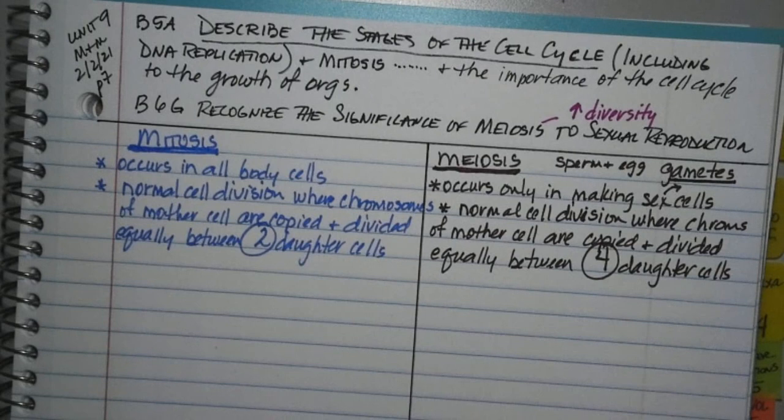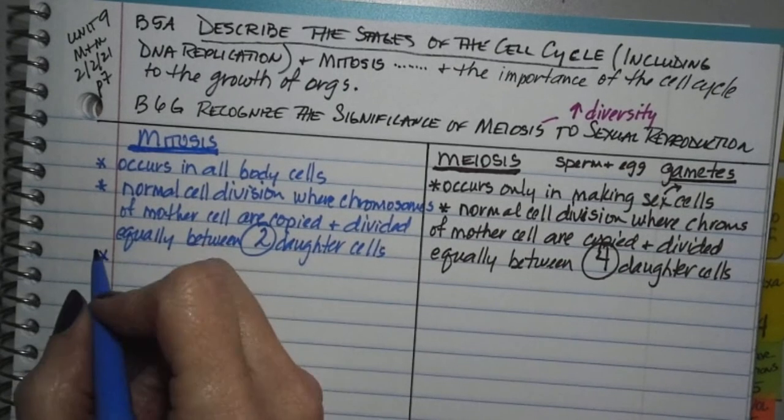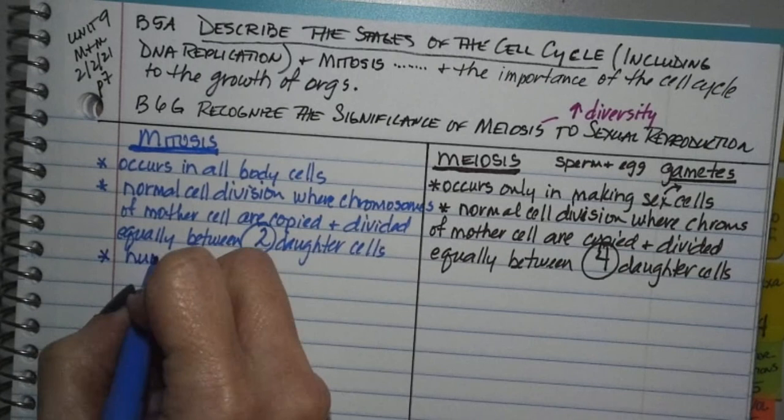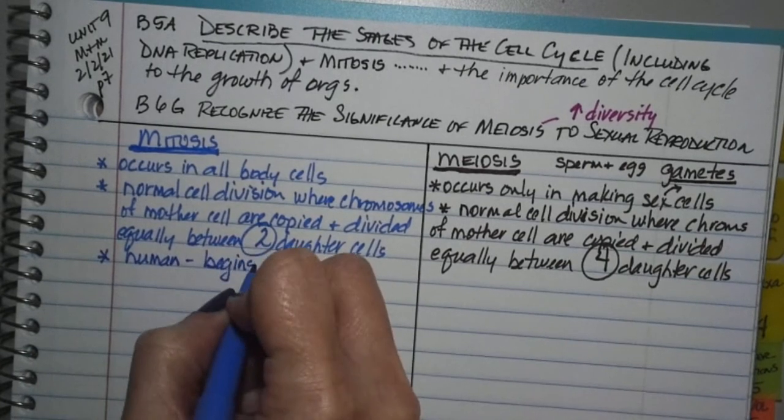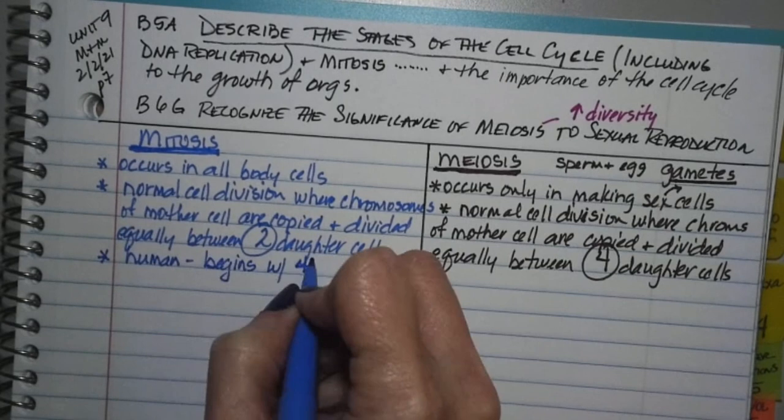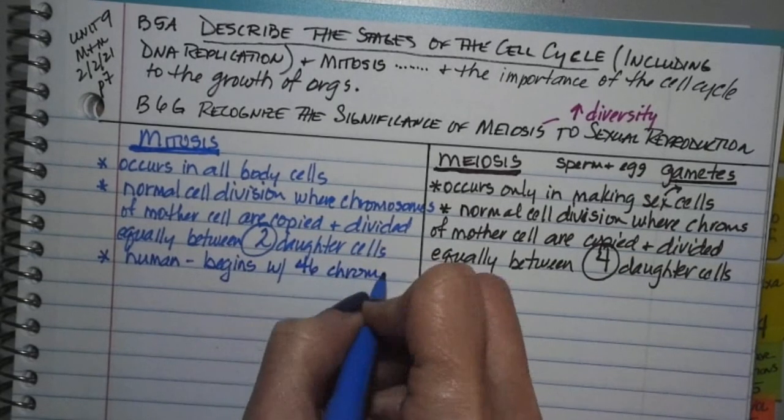So humans have how many chromosomes? 46. Human begins with 46 chromosomes. And remember, 2 of each.